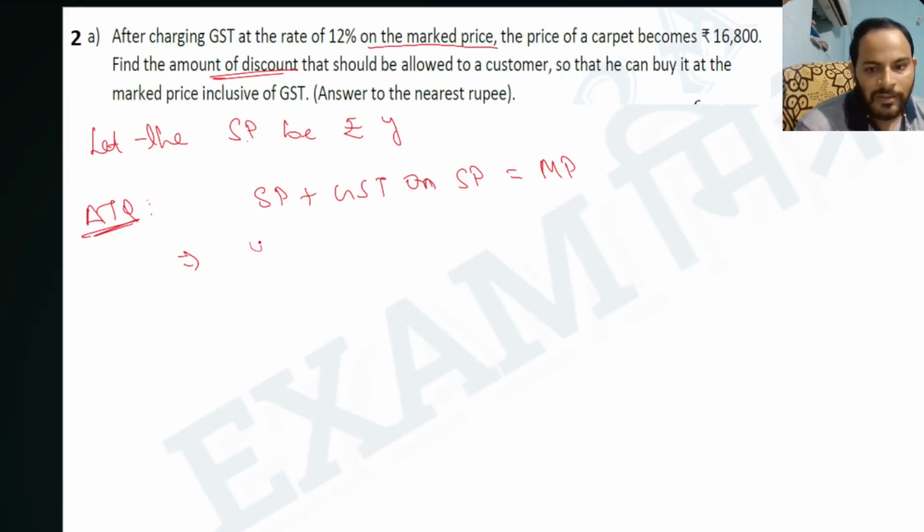We have taken the selling price as Y and the GST is 12%, so Y plus 12% of Y equals the marked price, that is 15,000.